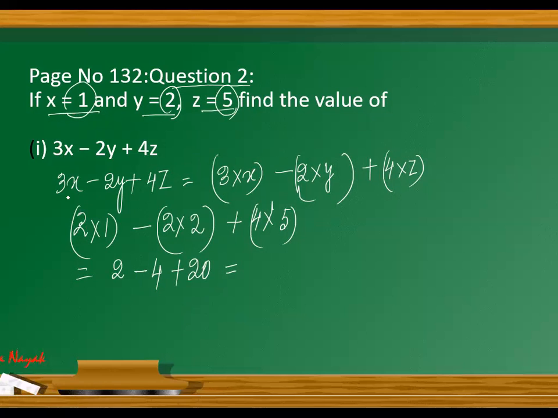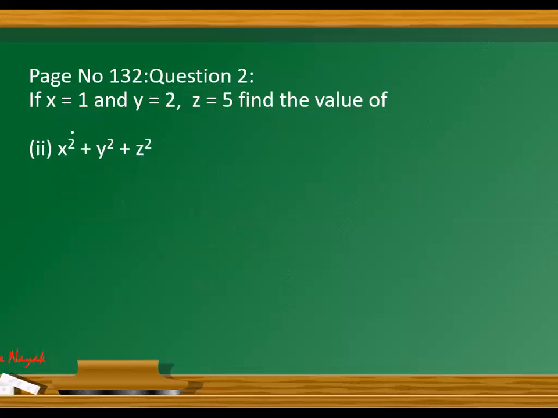Oh sorry, this was 3, very sorry. 3 times x, 3 multiplies 1. So 3 minus 4, 2 multiplies 2, plus 20. So now 3 plus 20 gives you 23, minus 4 gives you 19. Answer.